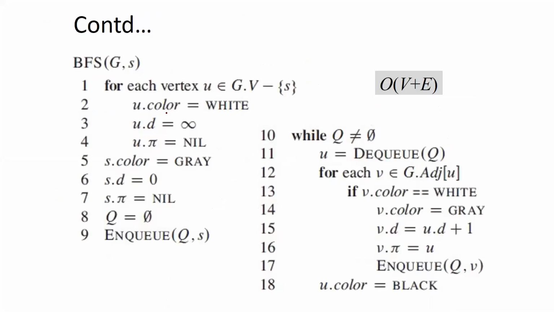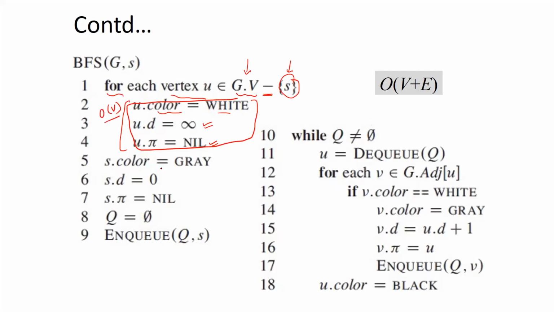In this BFS traversal, you initialize, excluding the source vertex, the set of all vertices. For every vertex u belonging to the whole set of vertices of the graph, excluding the source vertex, we have done a minus sign here. Set all the vertices' color as white, initialize distance as infinity, and predecessor as nil. This is the initialization mechanism. This will go for roughly order of V time because exactly V minus 1 vertices are being processed.